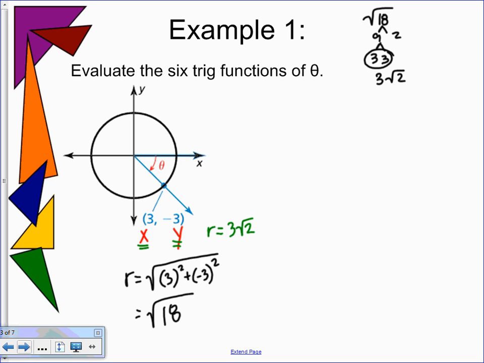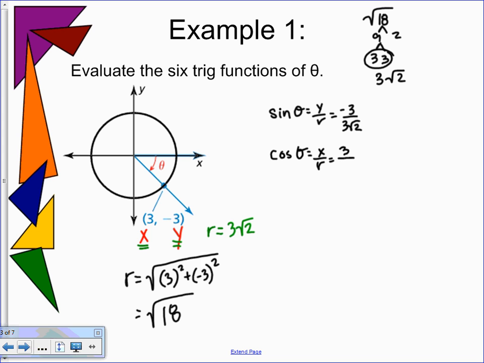If I know my general trig functions, my general definition, then I can just plug in. So I would go back to what we put on the last slide. The sine of theta is y over r. That's negative 3 over 3 square root 2. The cosine of theta is x over r.